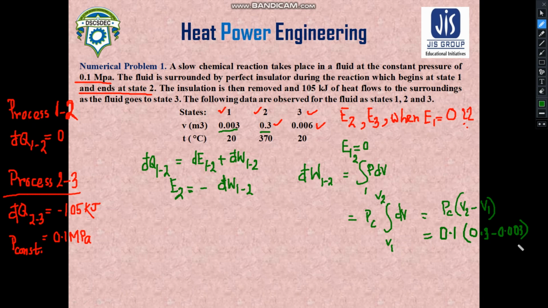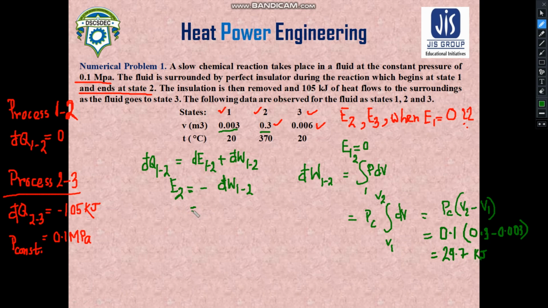If you do the relevant calculations, you will find the work done during the process 1 to 2. The calculation yields the value of 29.7 kilojoule. So it is very easy to calculate.